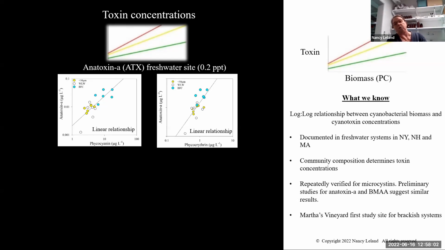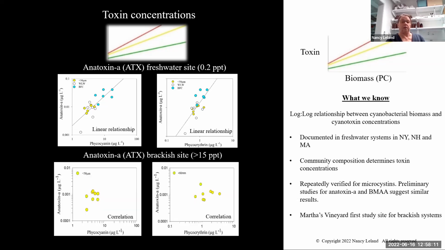So we were basically confirming this relationship between biomass and cyanotoxin concentration in our freshwater site. In our brackish site, we were not able to statistically say that we had a linear relationship, but we were able to see correlations between our pigment measurements, the phycocyanin and the phycoerythrin, and our anatoxin A concentrations.